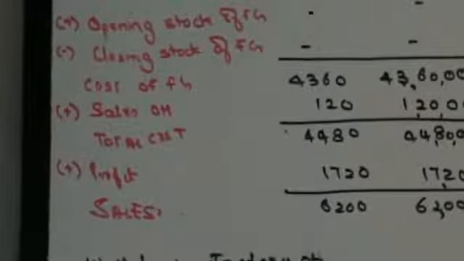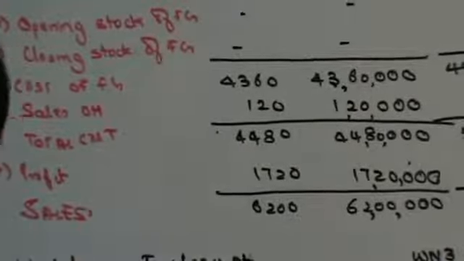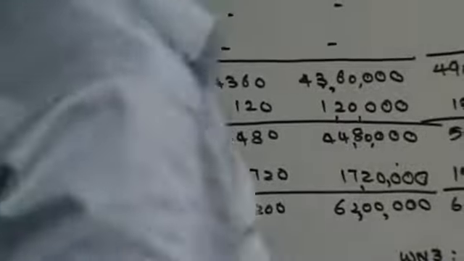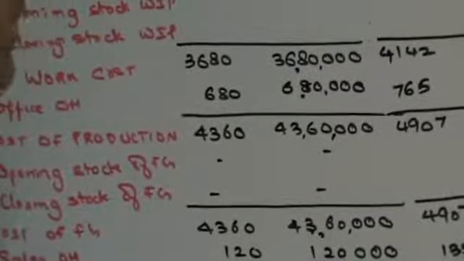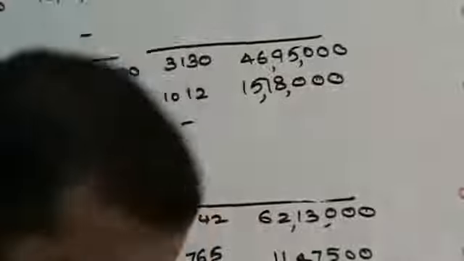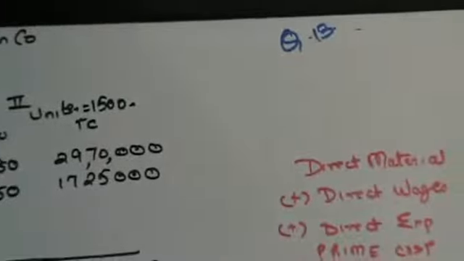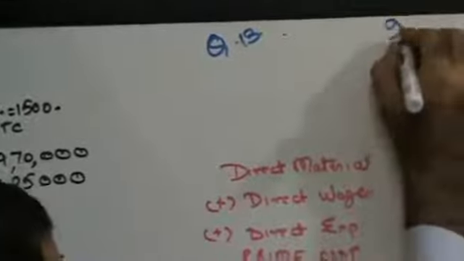Let's move on to the next sum, guys. This was supervision, sum number 12. Let's start with sum number 13, people. You will copy later. I'll leave that on the board. Question number 13. In the books of, they haven't told you the name.